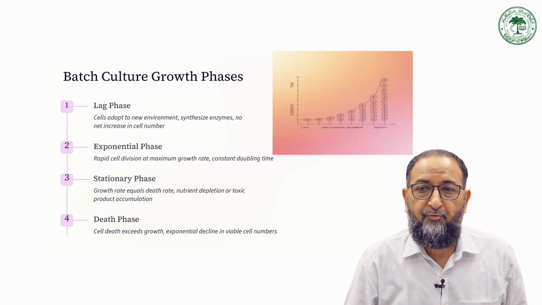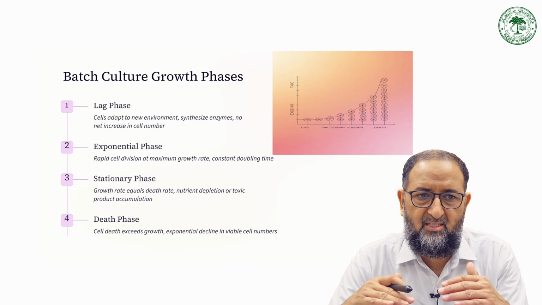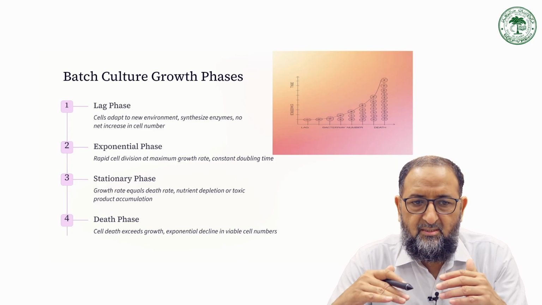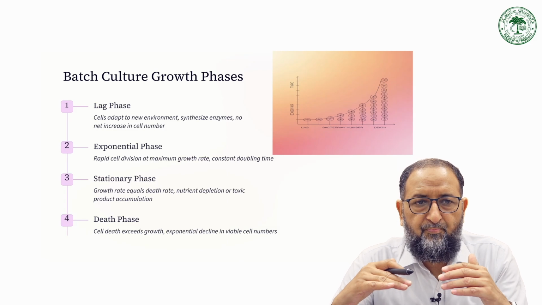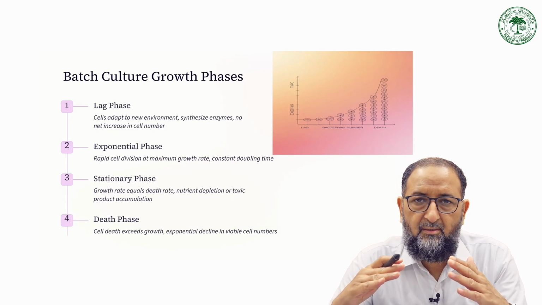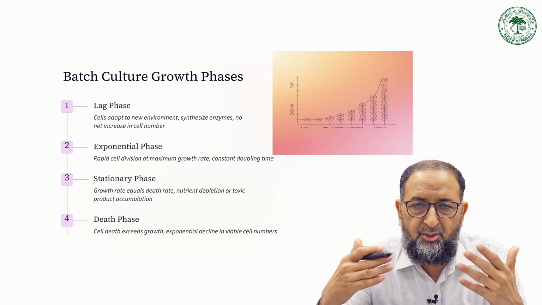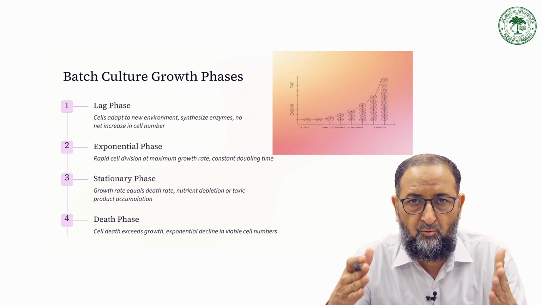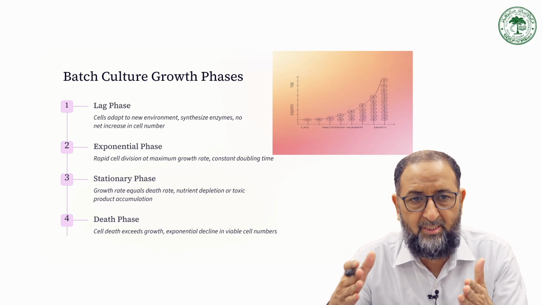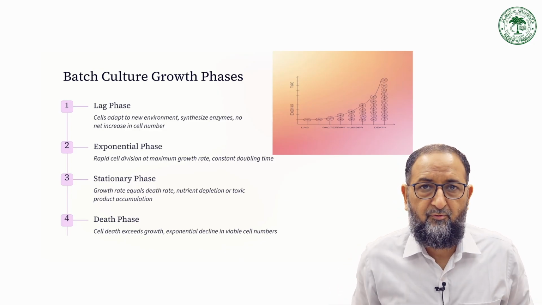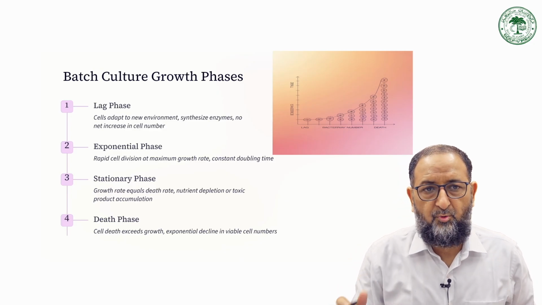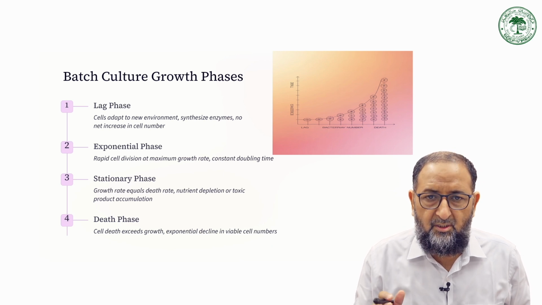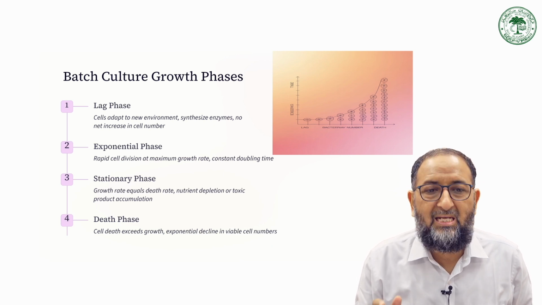Now, the batch culture growth phases. Again, you have a lag phase, exponential phase, stationary phase, and death phase. In the lag phase, cells adapt to the conditions and acclimatize to the situation in which they have been grown for a few hours or a few minutes, depending upon the type of cells and the type of nutrients provided to them. So cells adapt to a new environment, synthesize enzymes, with no net increase in the cell number.